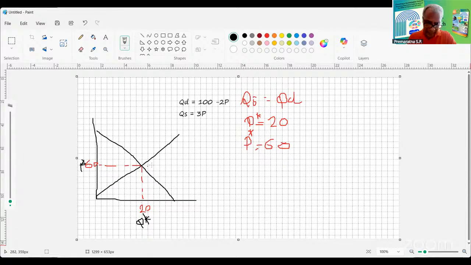No excess supply or demand; it becomes 0. Everything comes to the market and clears. That's what we call market clearing. Now, let's say the price becomes 70. The price becomes 70, which means the price sits somewhere here.